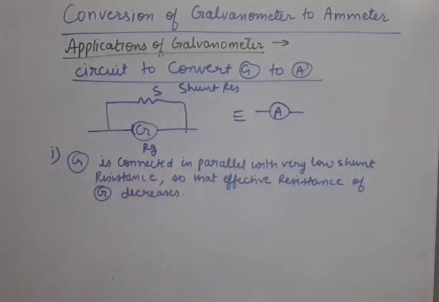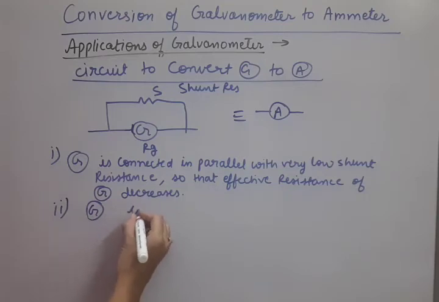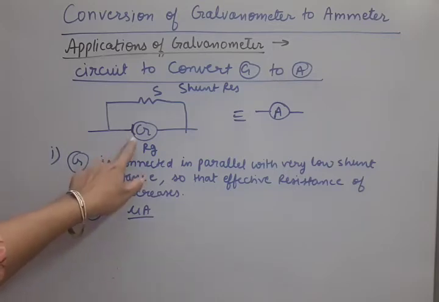And the second problem of the galvanometer is also solved. As we said, the galvanometer's current restriction is only to certain microamperes. That means we cannot flow more than microampere current in the galvanometer coil, but now we can.